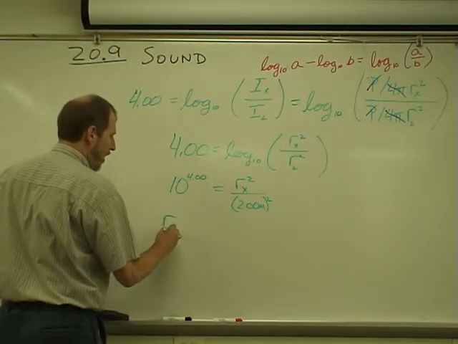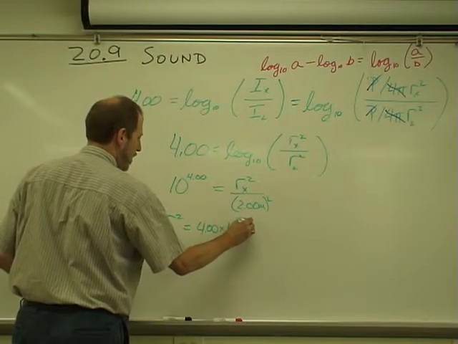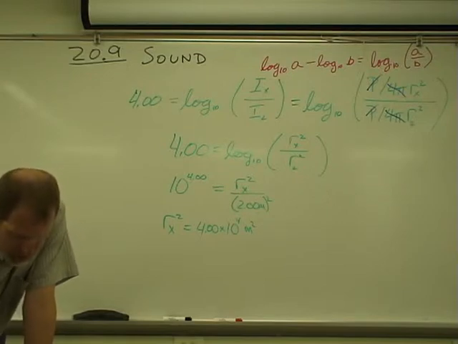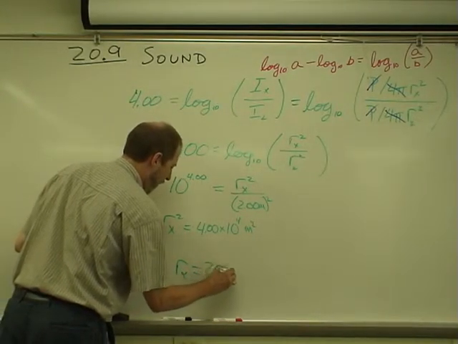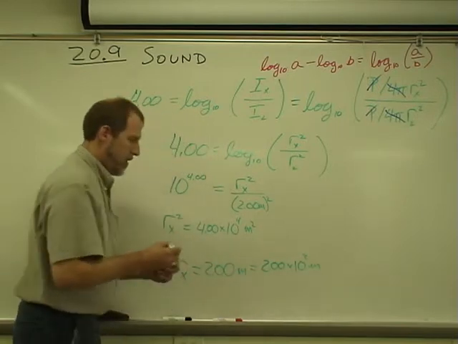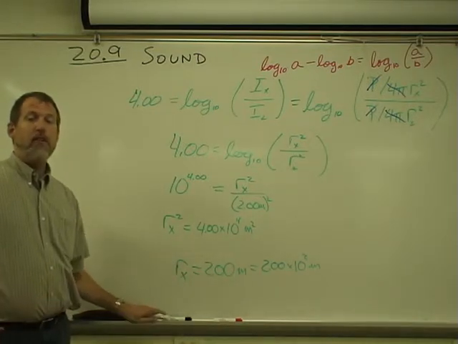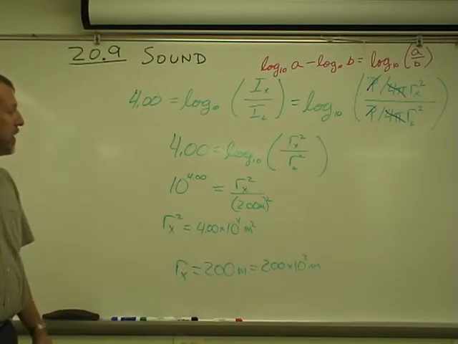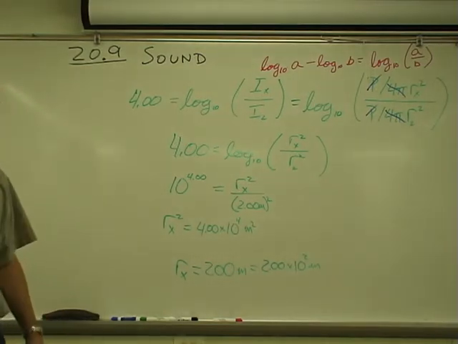So r x squared is equal to 4 times 10 to the 4th meters squared, or take the square root of that, and that means that if the other person has a microphone with a threshold of 10 decibels, and you're off in a very, very large field somewhere, floating in space, you need to make sure you're at least 200 meters away from any microphone, or else it will pick up that conversation. Example completed.